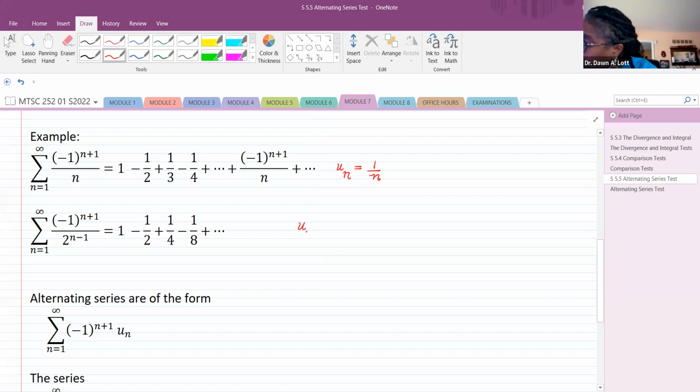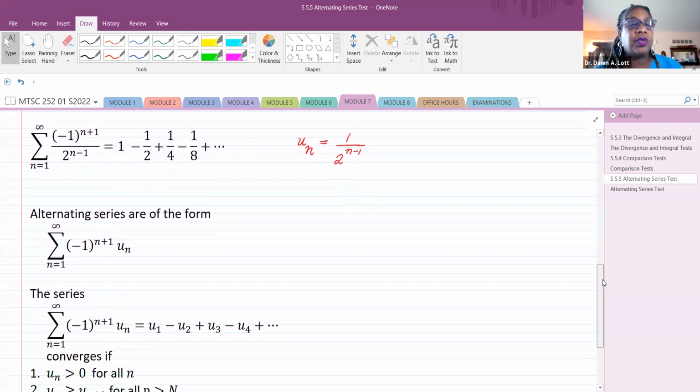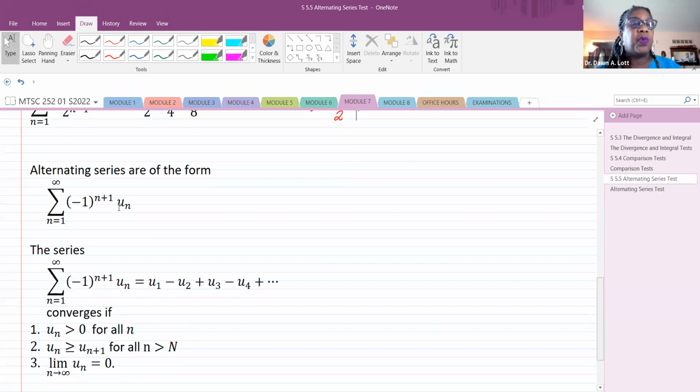And in this series, un turns out to be 1 over 2 to the n minus 1. So you're going to need to be able to identify what un is. Alternating series are of the form -1 to the n plus 1 times un. So you will get u1 minus u2 plus u3 minus u4, or it may start off negative u1 plus u2, negative u3. Either way, it alternates in sign from positive to negative.